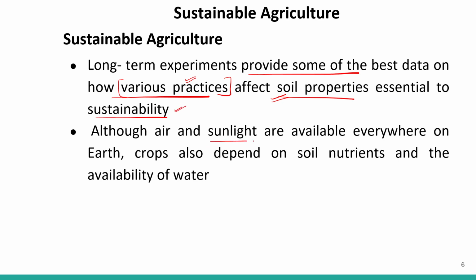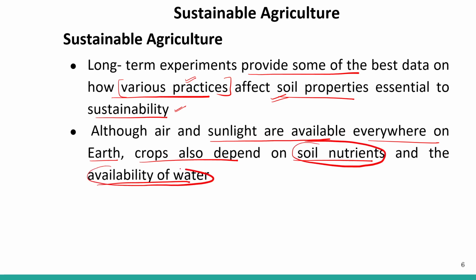Although air and sunlight are available everywhere on the earth, crops also depend on soil nutrients and the availability of water. So these two things are very, very important. Number one, soil nutrients.